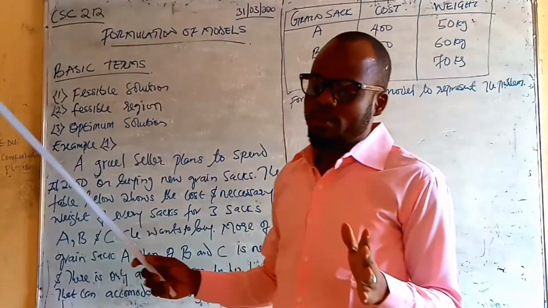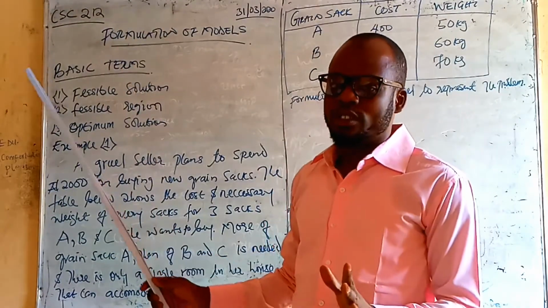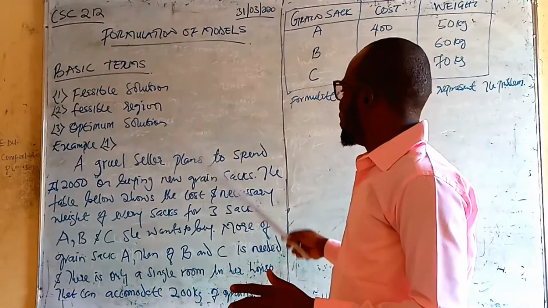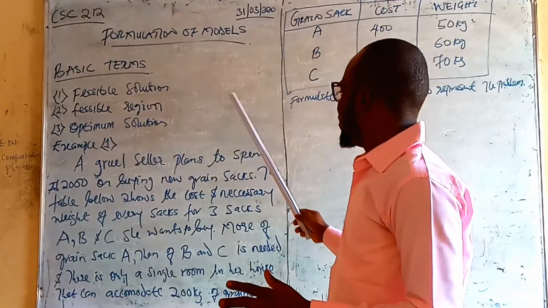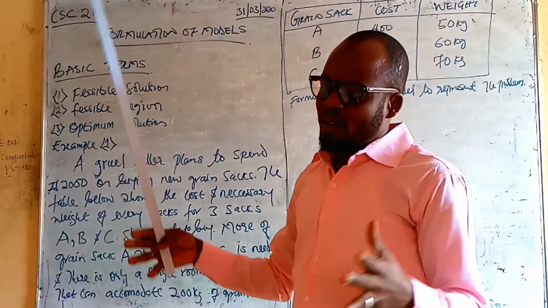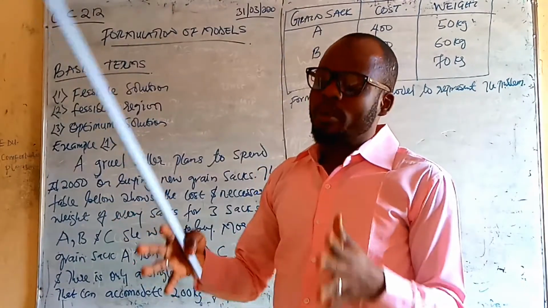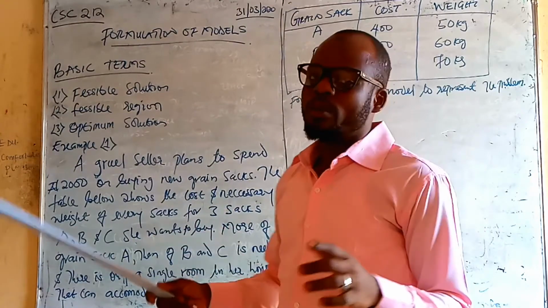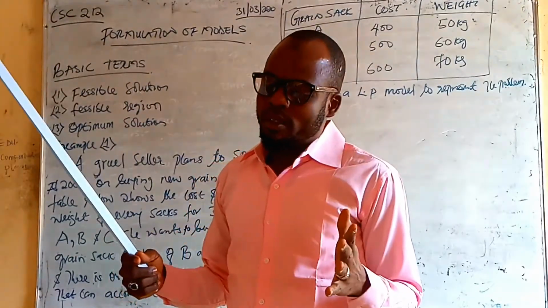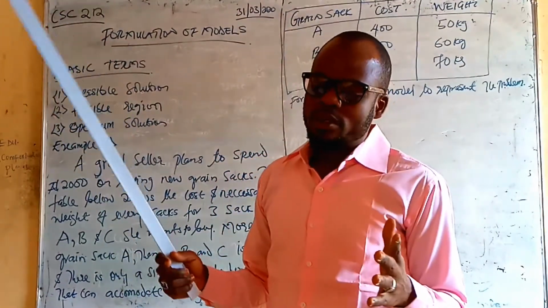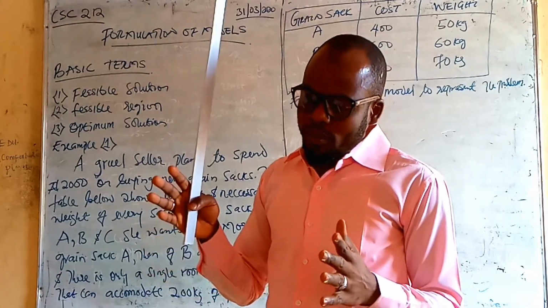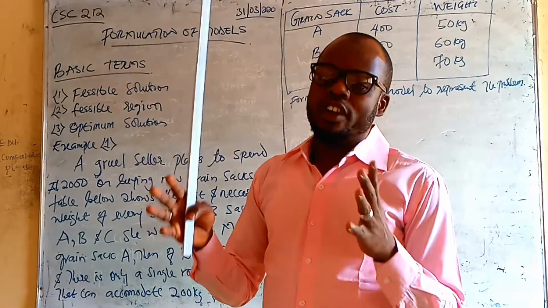The next thing is the feasible region. What is a feasible region? It is the set of feasible solutions. When you have solutions for any problem given, the feasible region is the set of those feasible solutions coming together. Then the last one is the optimum solution. An optimum solution is any feasible solution whose objective function value is greater.